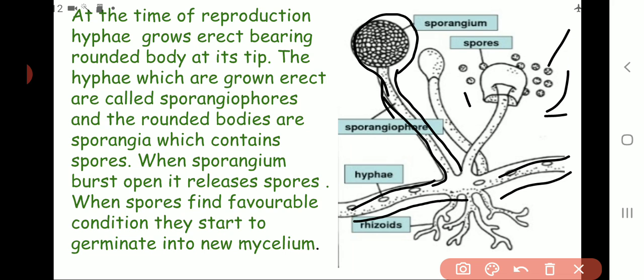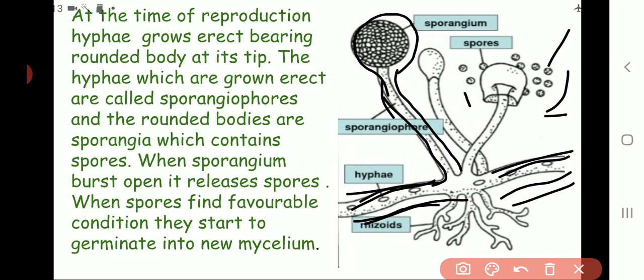I will repeat. The body of fungi is called mycelium. It is made up of a number of thread-like structures, and that thread is called what? Hyphae. At the time of reproduction, the hyphae grow erect, having the rounded body at the tip called sporangiophore.